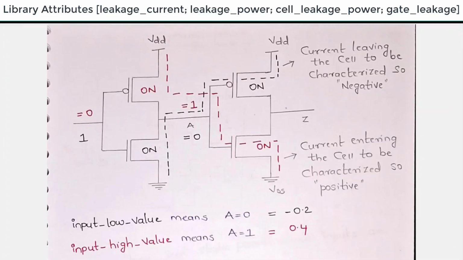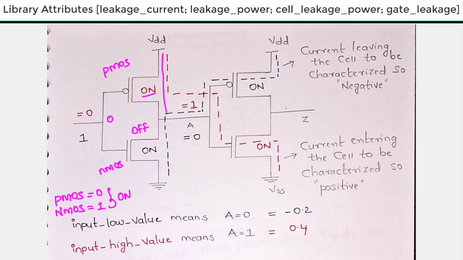So take this example. Initially I am applying 0 here. If it is 0, this is PMOS, this is NMOS. So PMOS will be on when input is 0, NMOS will be on when input is equal to 1. These are on conditions. So as I am applying 0 here, this is on, this will be off. As this is on, VDD will be connected to output. So here I am getting VDD, I am taking it as 1. Now this 1 will be applied here as well as here.